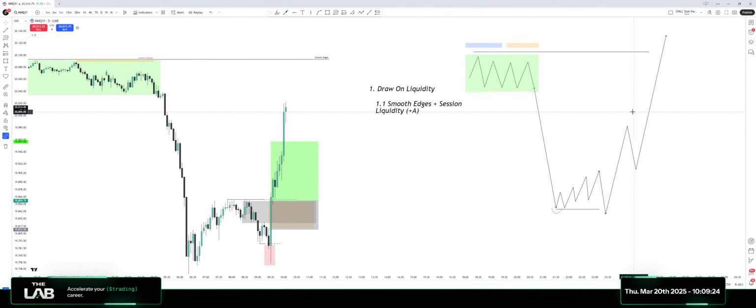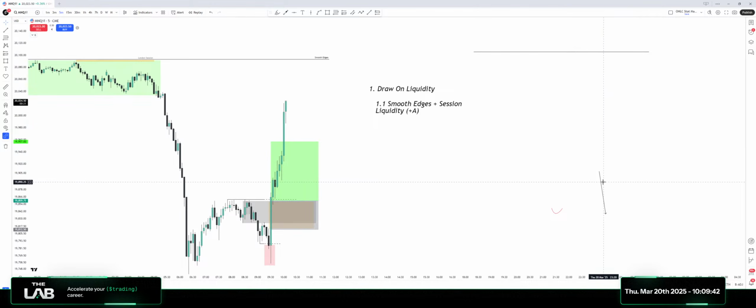Okay. Then there's sometimes where we just don't have that formation, and that's okay. But then we don't actually have a draw on liquidity, or we don't actually have a high time frame PD array or point of interest where price should stop. Then the stat map comes into play.